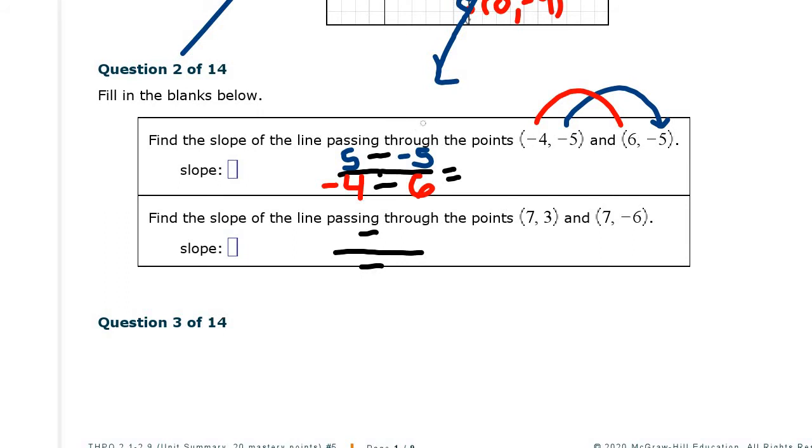That is double negative makes a positive. So that's negative 5 plus 5, that's 0 over negative 10. 0 in the numerator is just 0. So that is a horizontal line.